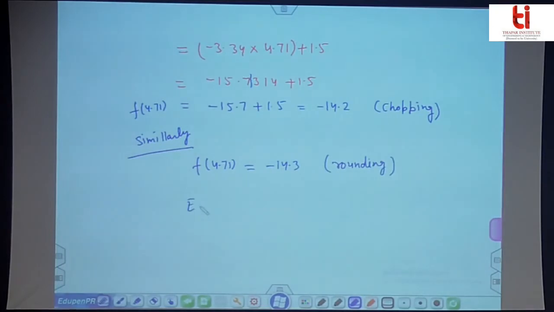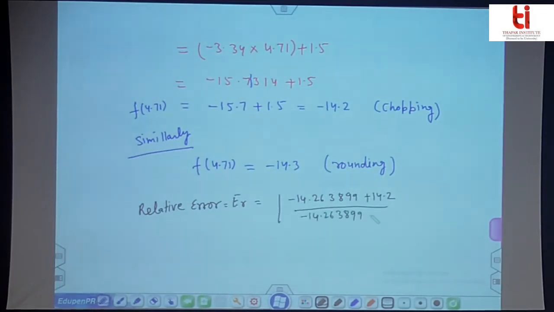Relative error is coming out to be minus 14.263899 plus 14.2 upon minus 14.263899, which is 0.0045 using chopping.